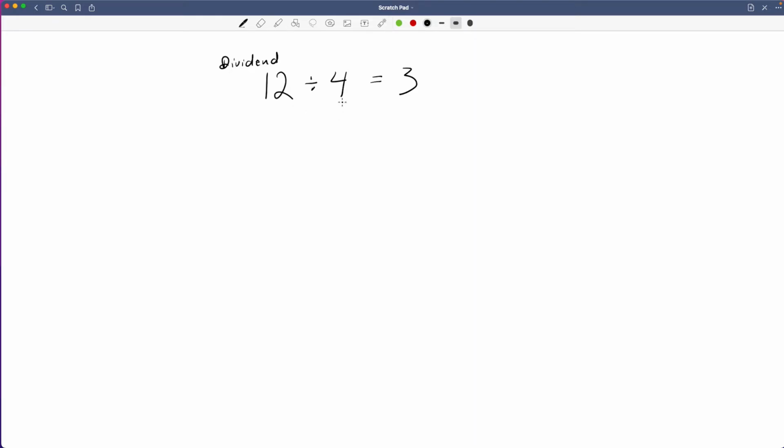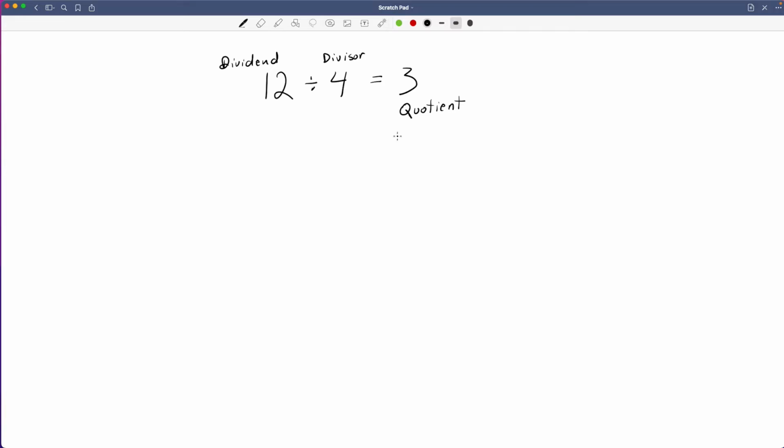And the number that we are dividing it by is called our divisor. The answer that we get once we divide the dividend by the divisor is called the quotient. Completely different letter, so you don't get it mixed up with the other two.